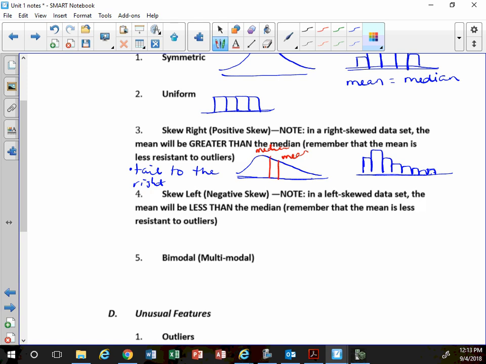That's what it does. Okay, so skew left, what's that going to look like? Yeah, so it's the same thing, but over to the other side. Tail to the left.